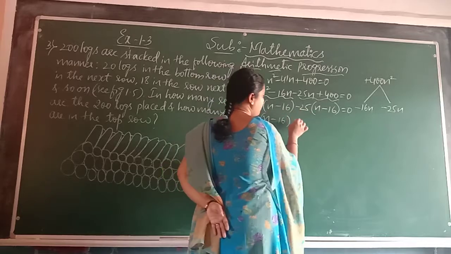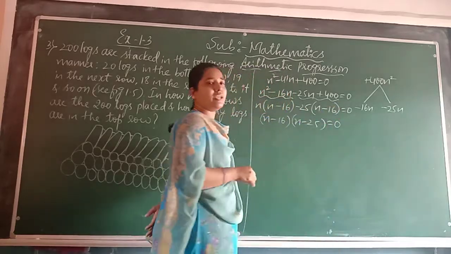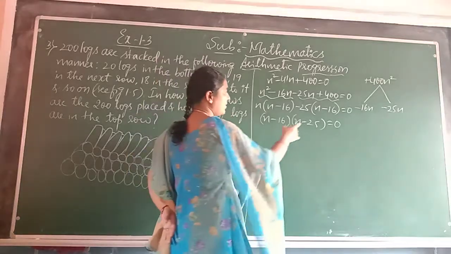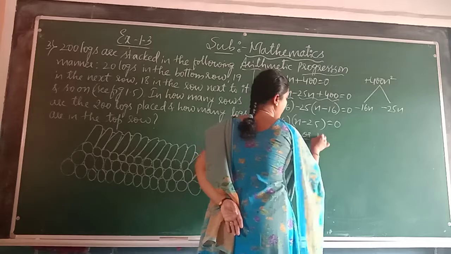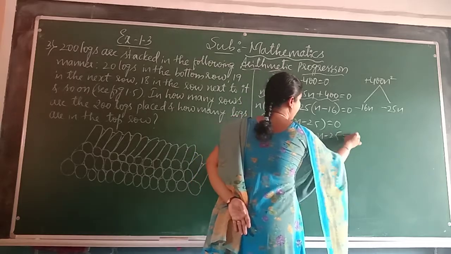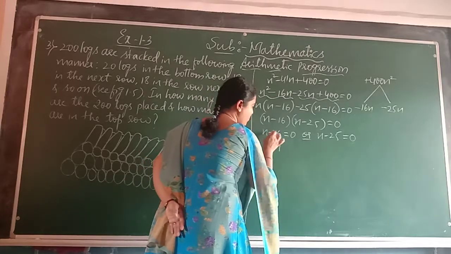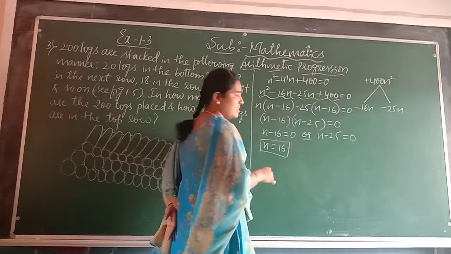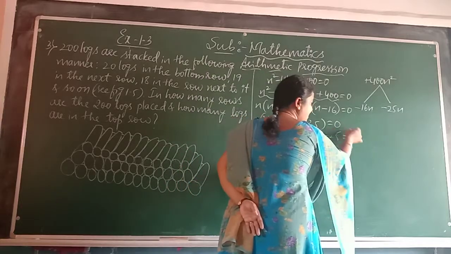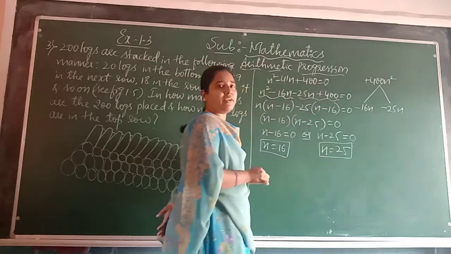What left? n minus 25 left is equal to 0. Now both the terms we will equate to 0. n minus 16 equal to 0 or n minus 25 equal to 0. We will get n is equal to minus 16 transpose that side becomes plus 16 and here minus 25 transpose that side becomes plus 25.